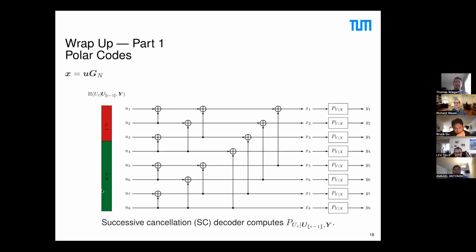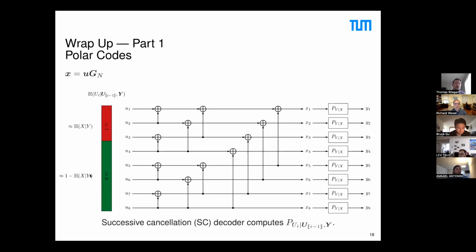Or it's 0, that's good. There is no uncertainty anymore in this bit, so the decoder can decide on what it is. And then the trick is to just freeze the values where the entropy is high, set them to a value that is known at the encoder and the decoder, and then use the other part for data transmission.